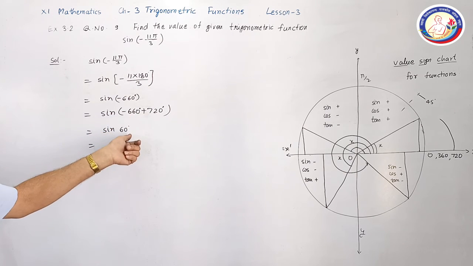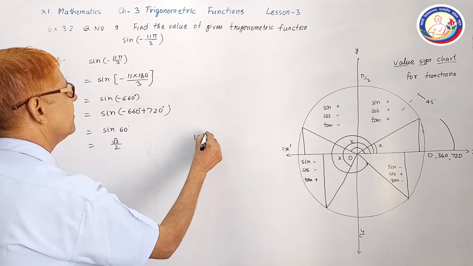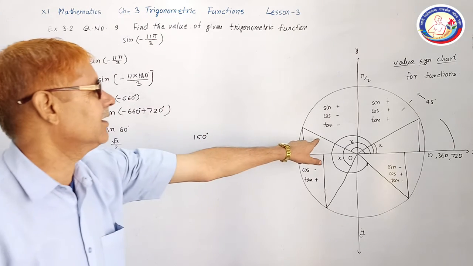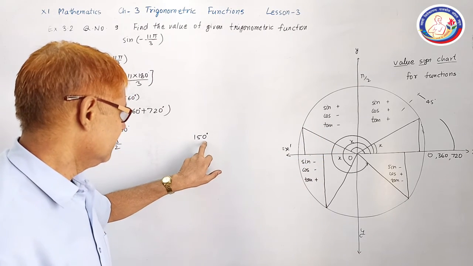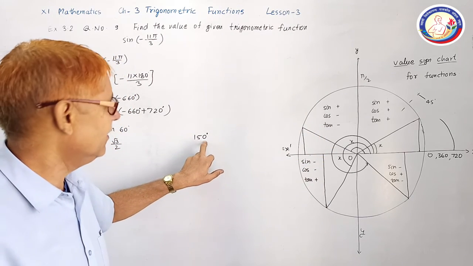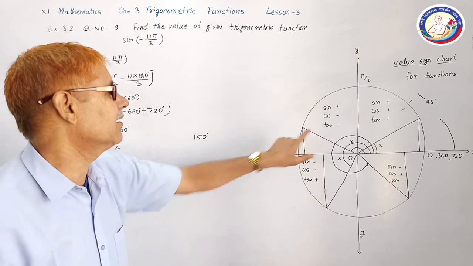Or if the angle is not 60, say it is 150 degrees, then it will lie in the second quadrant. If the net value is 150 in positive measurement, then it will be in second quadrant.